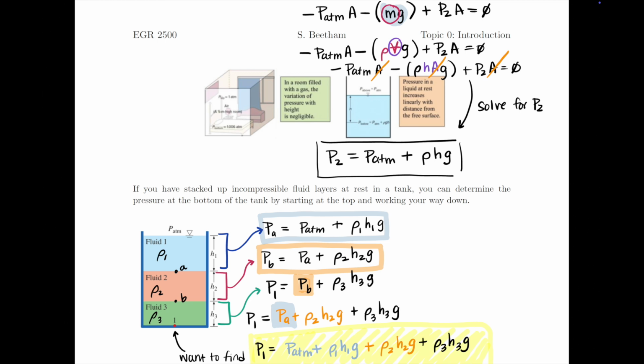So I'm going to say, okay, great. I need PA and I'm going to substitute in this expression for PA. So we have that P1 is equal to PA, which is P atmosphere plus rho 1 H1 G plus rho 2 H2 G plus rho 3 H3 G. Right?